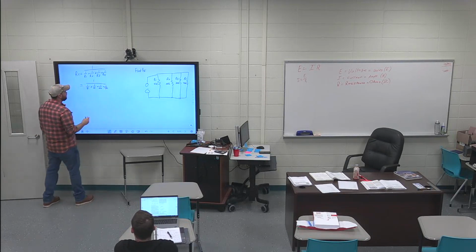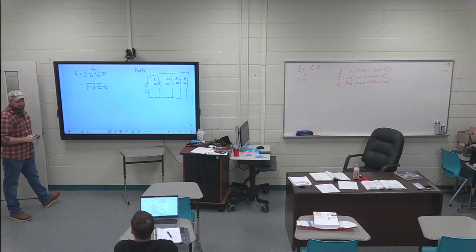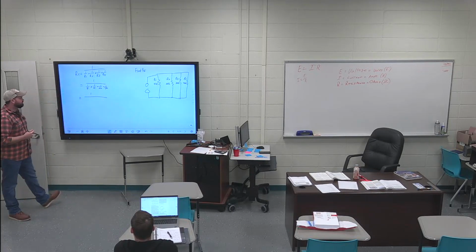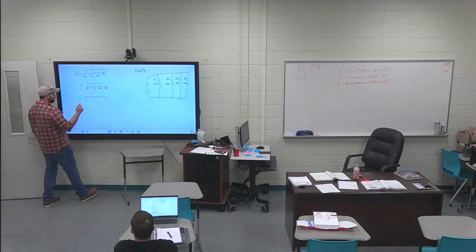All right, I'm gonna do this one both ways. So I'm gonna do common denominator first. What's the common denominator for 5, 10, 20, and 40? 40.